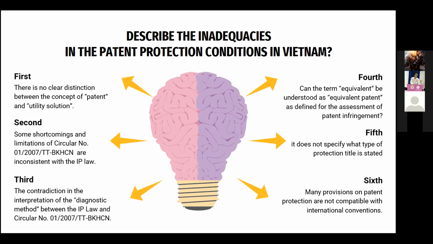This is an omission of the circular, which does not specify what type of protection title is stated, because if it is a title presented as a reference, the comparison cannot be carried out only with the features disclosed in the repository of the document, but with all that is disclosed in the full text of the title.